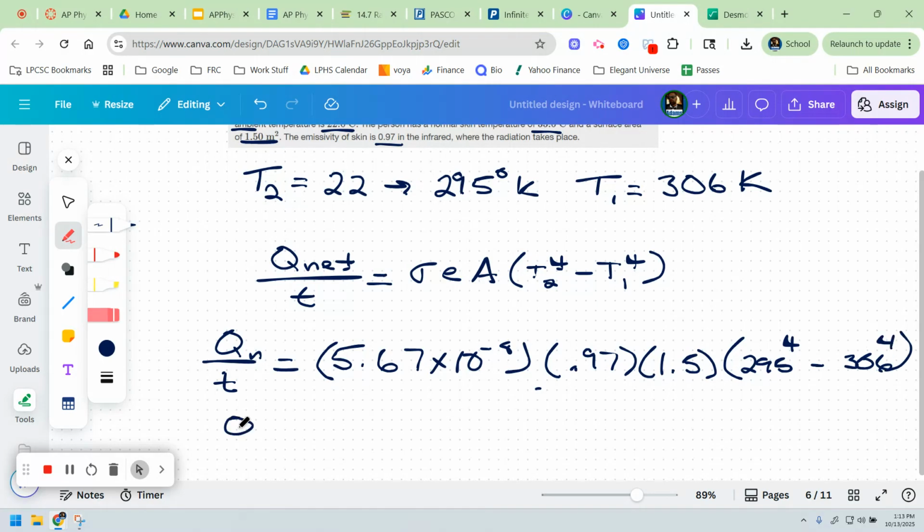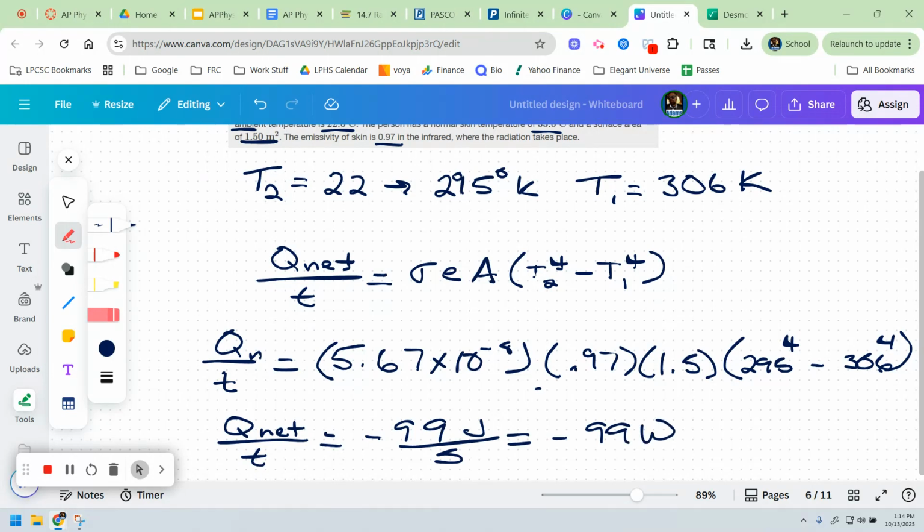Anyways, if you go through, it's equal to a negative 98 or 99 joules per second, which is also equal to negative 99 watts.